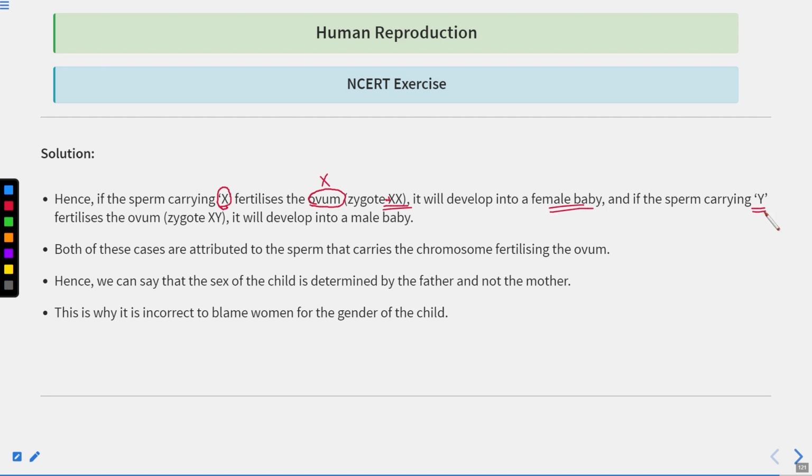If the sperm carrying the Y chromosome fertilizes the ovum, then the zygote will contain the X and Y chromosomes, and this will develop into a male baby. Clear? Both of these cases are attributed to the sperm that carries the chromosome fertilizing the ovum. Hence, we can say the sex of the child is determined by the father and not by the mother. That is why it is incorrect to blame women for the gender of the child.